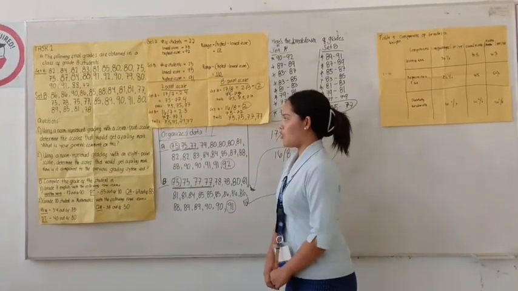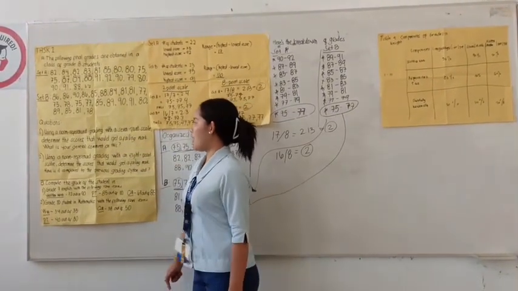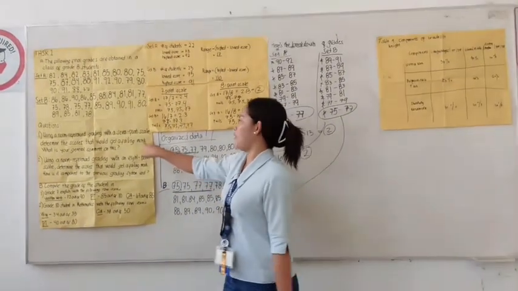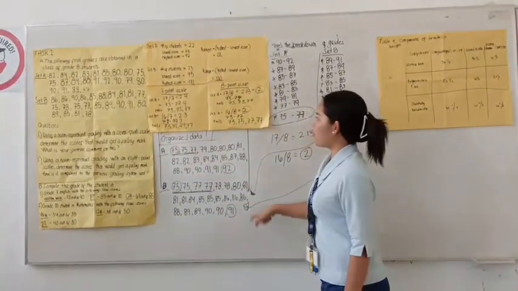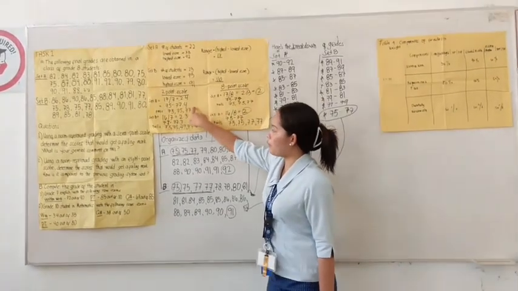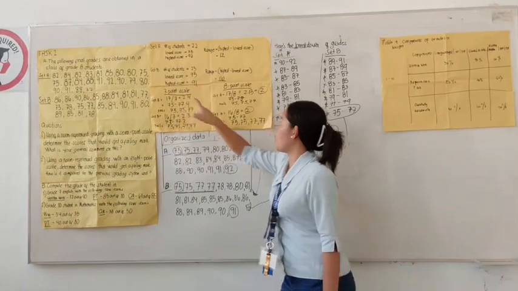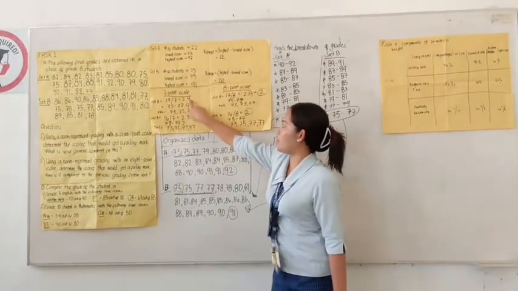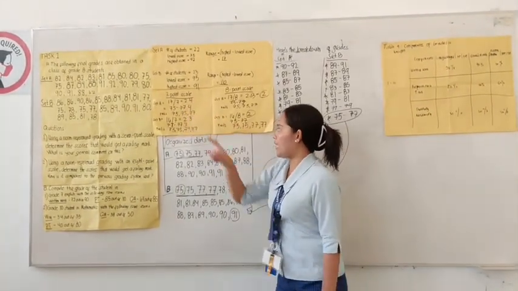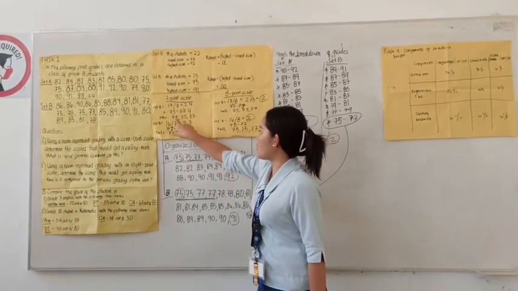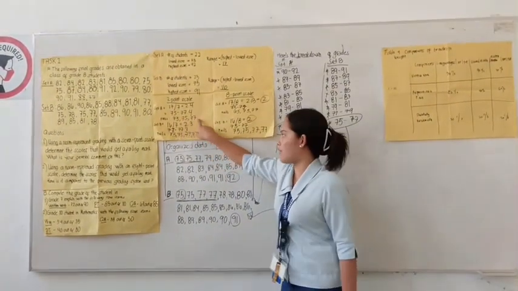The first question: using norm reference grading with a 7-point scale, determine the scores that will get a failing mark. For set A, we determined the failing marks to be 75 to 77.4, with an interval of 2.4. Basically, the failed students are 3, because it covers 75 to 77.